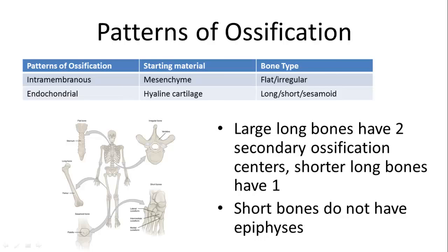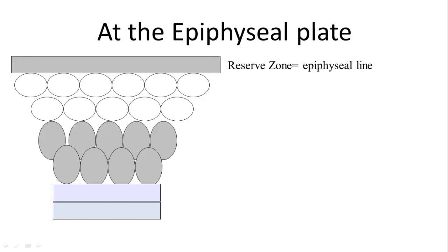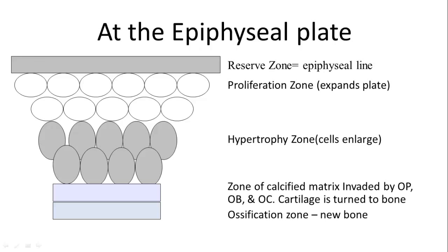At the epiphyseal line, where growth occurs in length, you have a number of areas of cartilage where different things are occurring. In the reserve zone, this is the epiphyseal line, and this is where the chondrocytes or chondroblasts are going to accumulate and allow for the division of more. So this is the mitotic part.